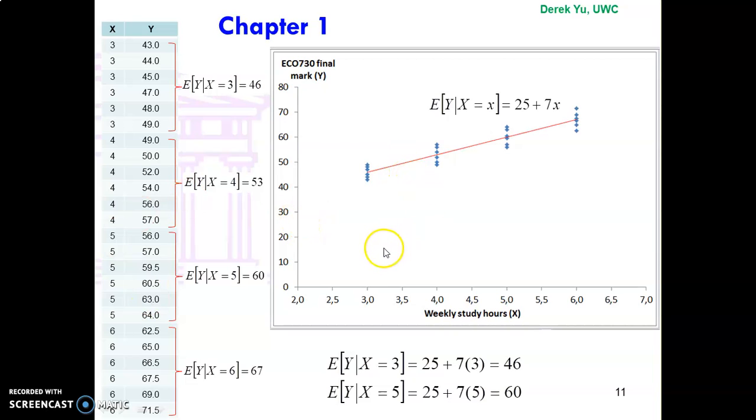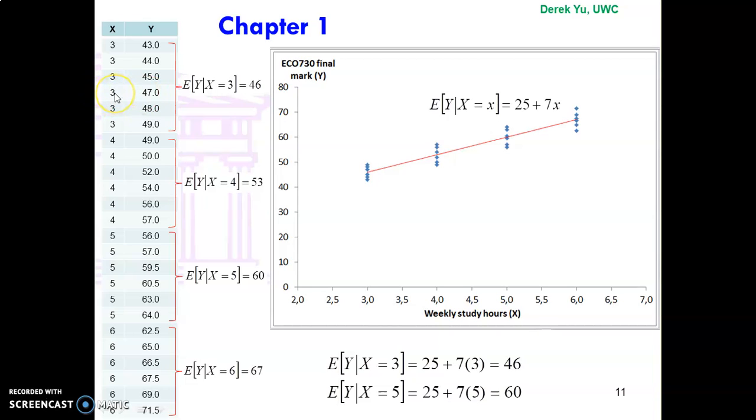I think it must have been covered nicely in ECO242, just to give you an example of the graphical sketch of a PRF, population regression function, and then the difference between the actual Y and the expected Y value. So just a random example for this. I think this is a regression to look at the relationship between study hours and marks. So look at this student.